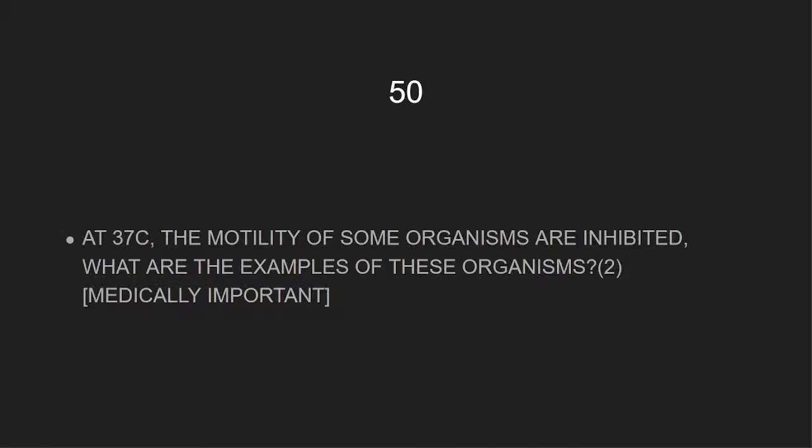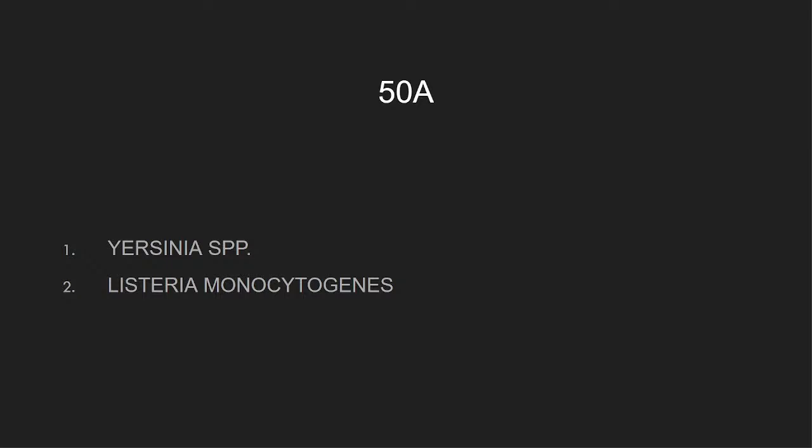I think it has something to do with organisms that become immotile at 37 degrees Celsius. These include your Yersinia species and Listeria monocytogenes. Okay? Organisms that are inhibited from their motility function or their flagellar function at 37 degrees Celsius.